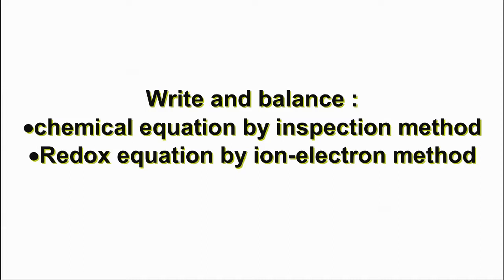Okay, the one where we are balancing the chemical equation using inspection method. And the second method, we are using the ion electron method, and that method is especially for balancing redox equation, whether it was in acidic or in basic medium.